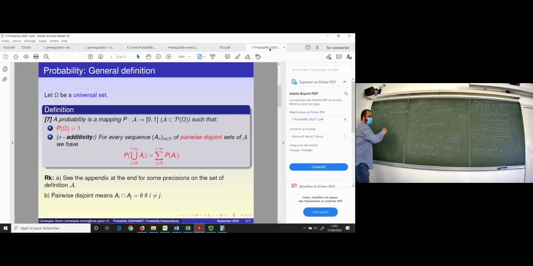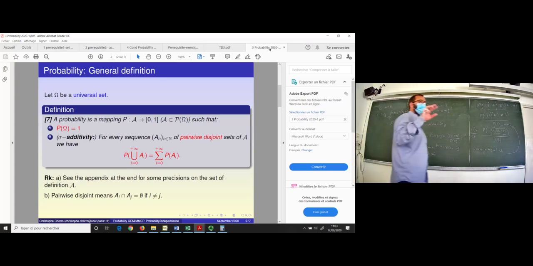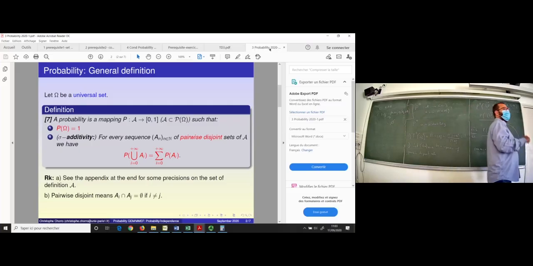I understand that the intersection is pairwise, but which one? No, I repeat.